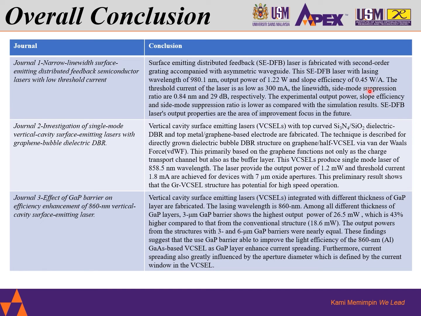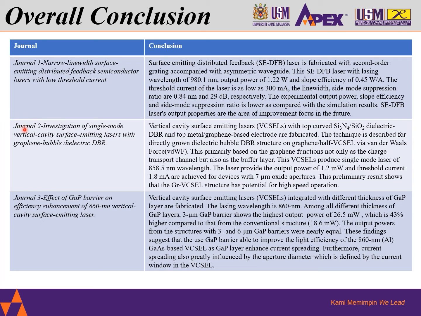The threshold current is as low as 300 milliampere. Line width and side mode suppression ratio are 0.84 nanometer and 29 dB respectively. The experimental output power, slope efficiency, and side mode suppression ratio are lower compared to the simulation result. SEDFB laser output properties are the area of improvement focused on in the future.